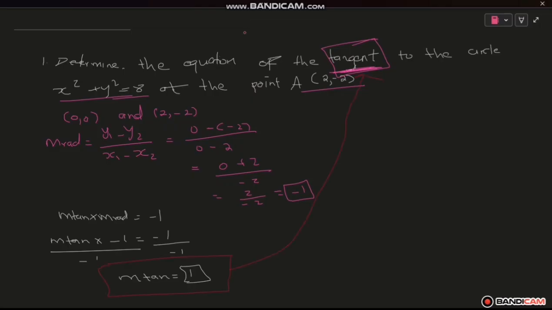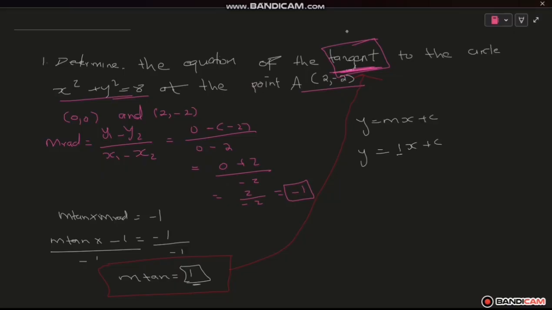This is what we need to find the equation of the tangent. Therefore, we're going to use the formula of the linear function: y equals mx plus c. We know the value of the gradient, which is 1, so we say 1x or just x plus c.